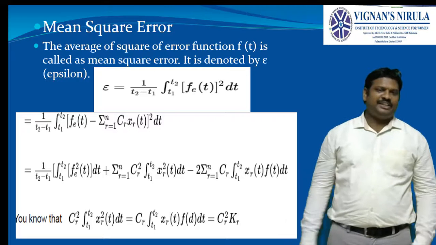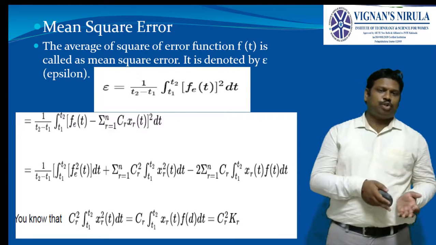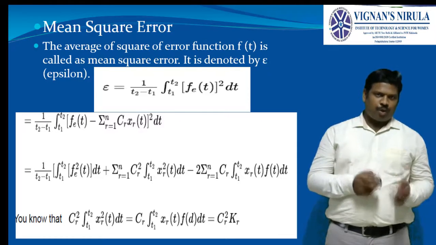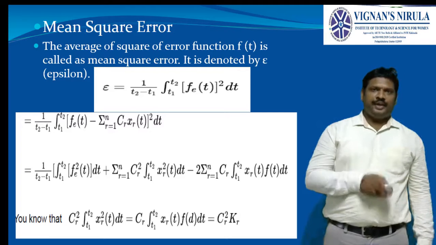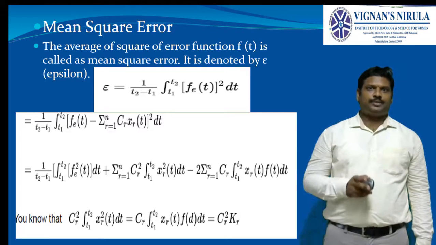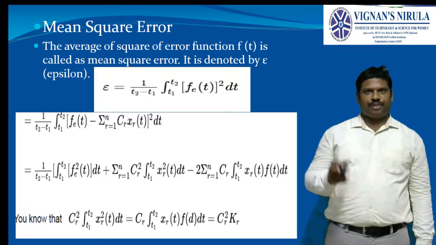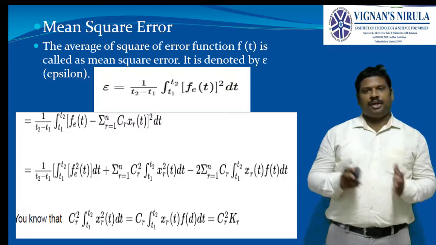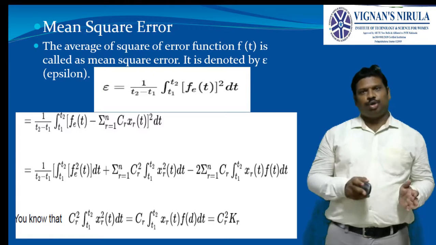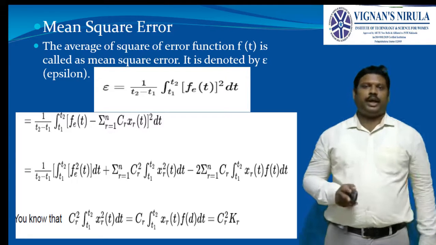Now in these calculations, observe the second term: cr square into integral of t1 to t2 xr square of t dt, and which is equal to cr into integral of t1 to t2 xr of t f of t dt, which is equal to cr square into kr.